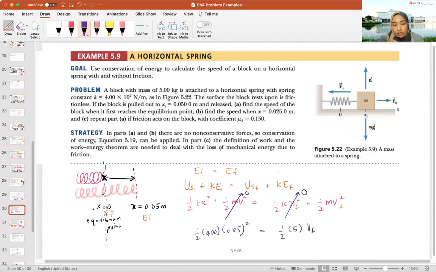When we define our EF to be this point, our x is also equal to 0 and our USF is also equal to 0. If you define your E final somewhere else, then that condition tak apply lah. Kena tengok tempat lain macam mana. So now we can solve for VF. This is squared. So this cancels out.